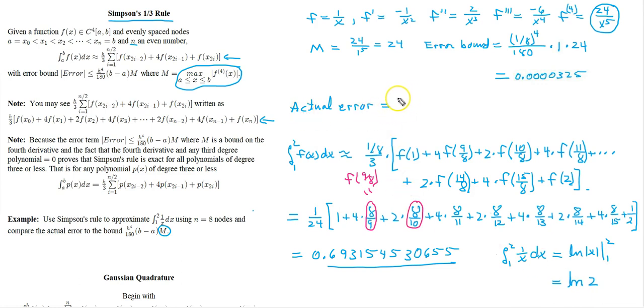So our actual error is the absolute value of the ln of 2 minus this number down here, and I'll just write that as 0.6913. I'll just write it like that.